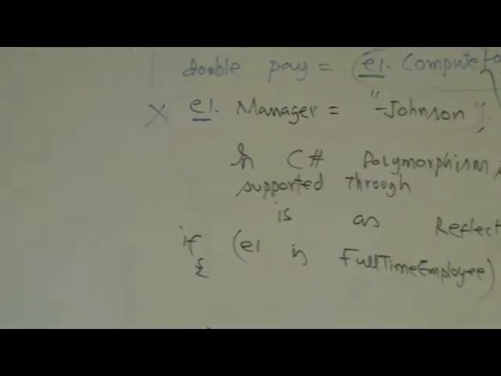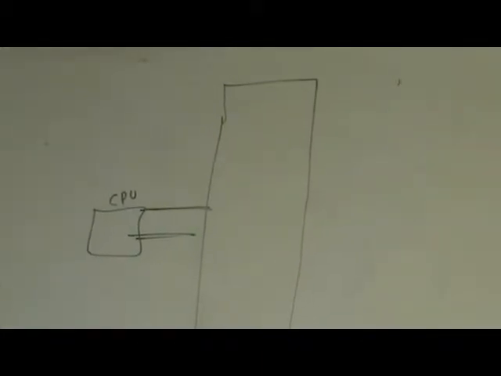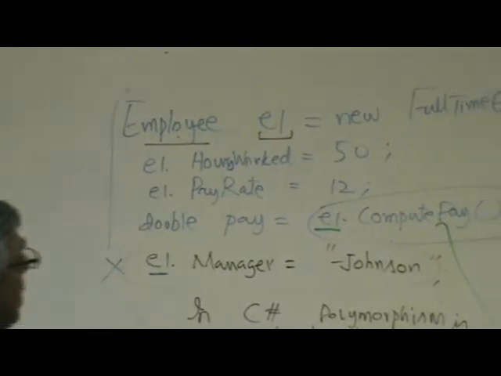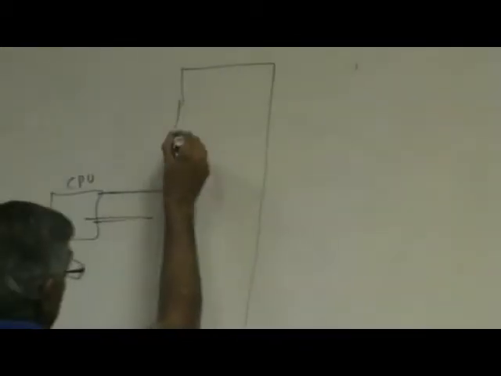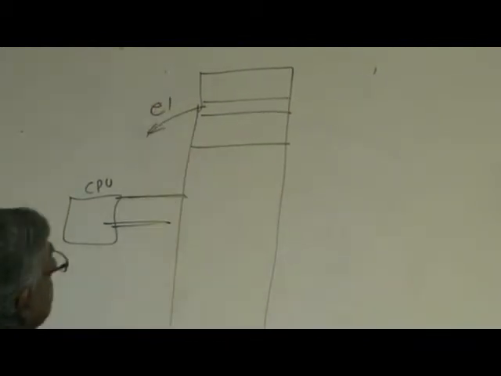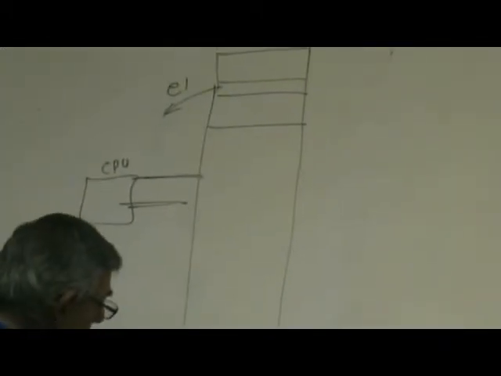So if this is the CPU. Sir, the E1.hoursWorked and payRate will be of the type employee, no? See, the one which you have declared. Let me draw the picture. Good question. You will be able to answer it yourself. So suppose this is E1, Employee E1. Once we say new FullTimeEmployee, in the heap area, what will happen?